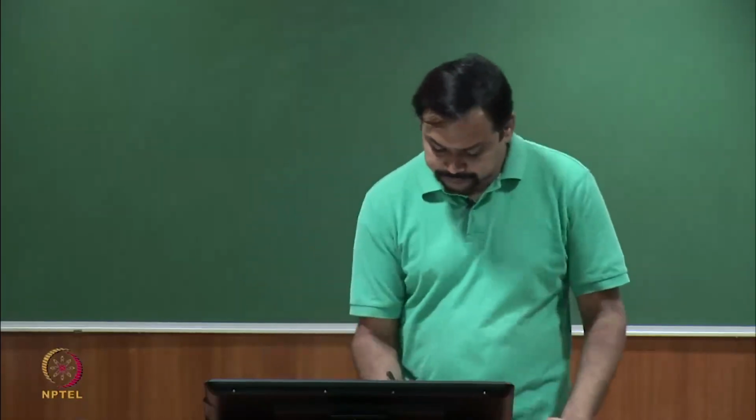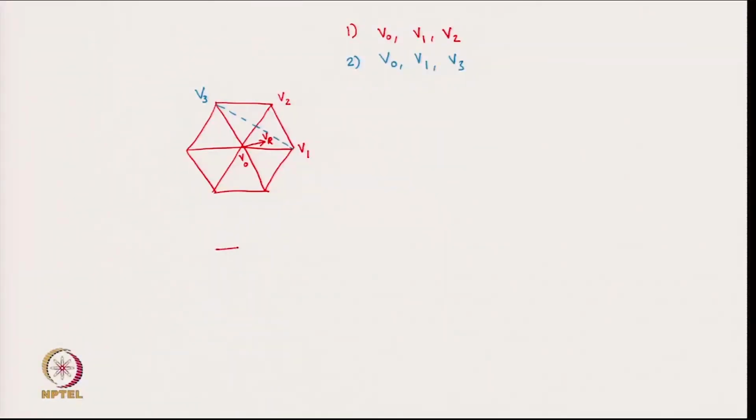For example, in this case, this is Vr, and what is the instantaneous error? So, this is V1, V2 and V0.